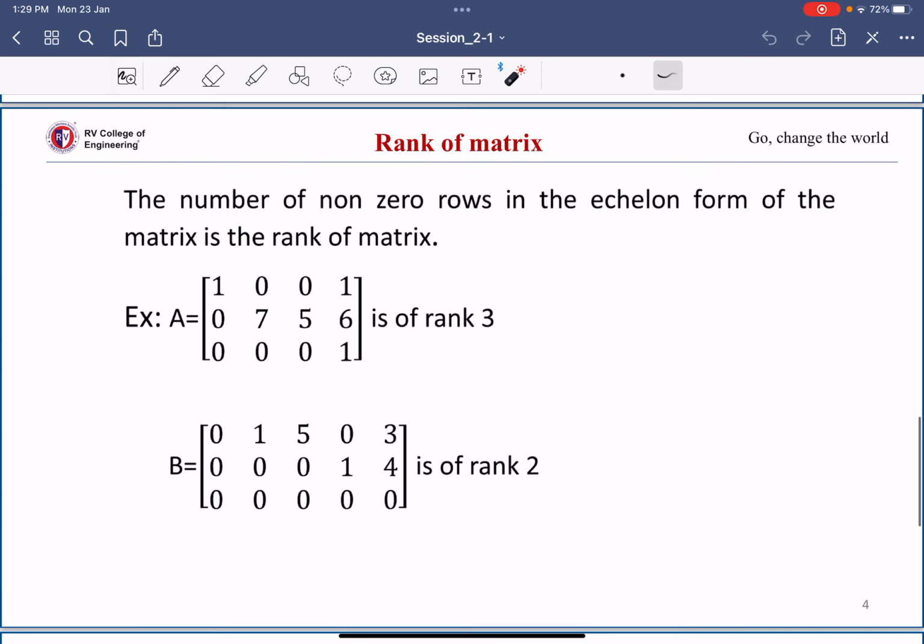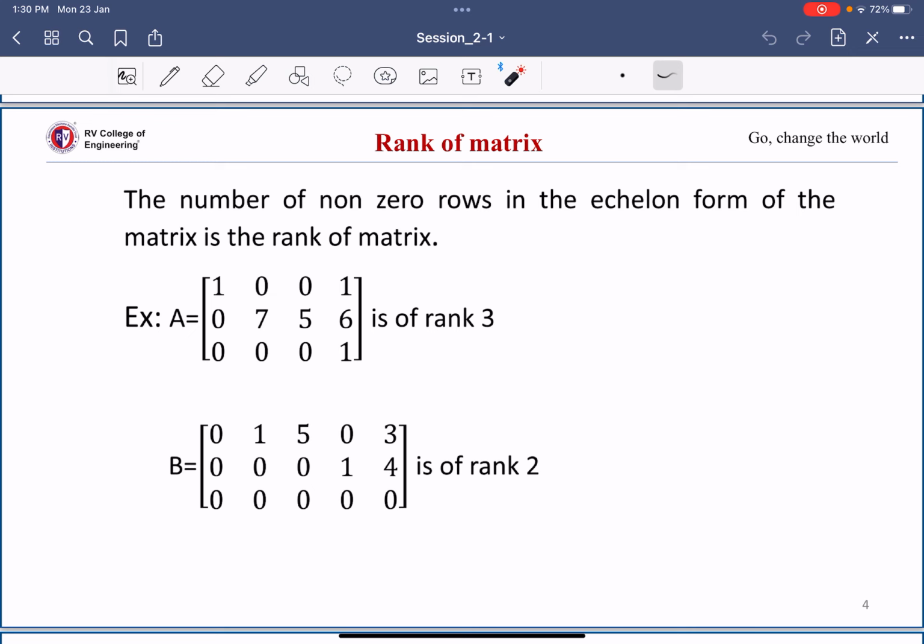Coming to the rank of a matrix with respect to echelon form, when a given matrix is reduced to echelon form or reduced row echelon form, that is RREF, by using the elementary row operations or row transformations, the number of non-zero rows in the echelon form gives you the rank of the matrix.